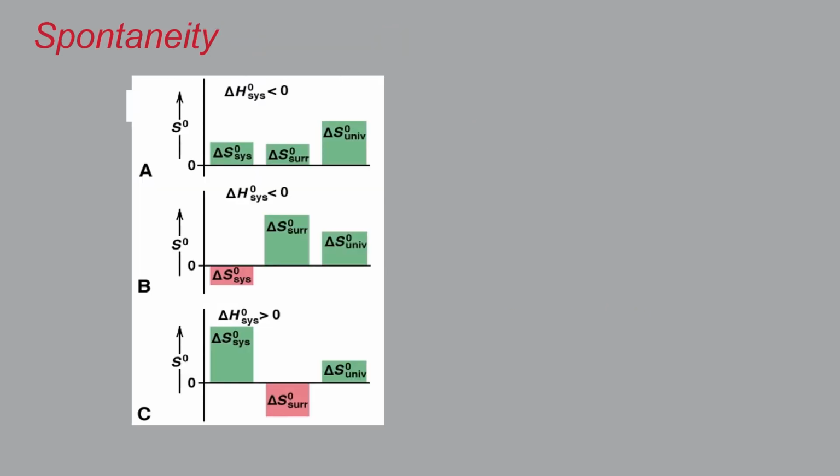So you can think of a couple of scenarios here. Remember, the overall signpost is that the entropy of the universe must always be a positive quantity. There are some cases where the process has an increase in the system entropy and also manages to increase the entropy of the rest of the universe. Both of those are going to add up, and then the delta S of the universe will most definitely be increased.